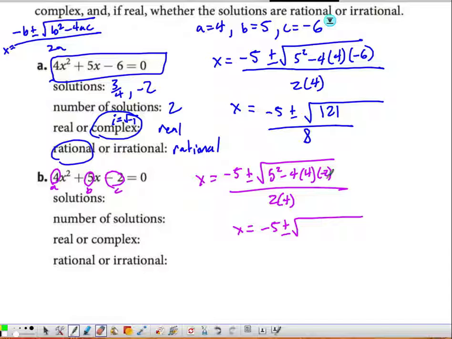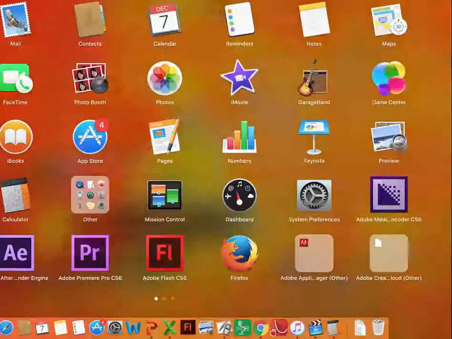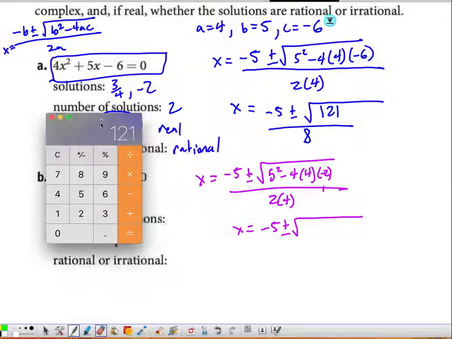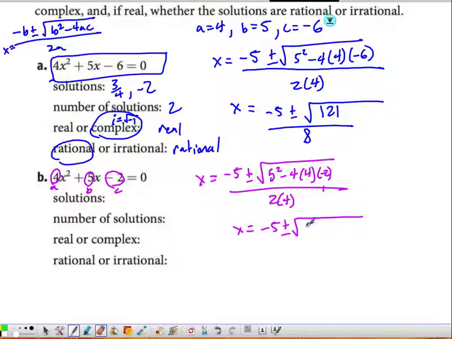We have 16 times -2, which is -32. 25 minus -32 is going to be +57, all over 8.